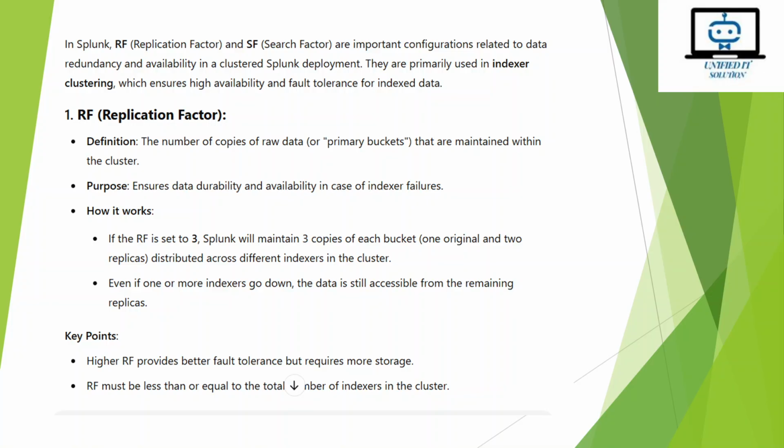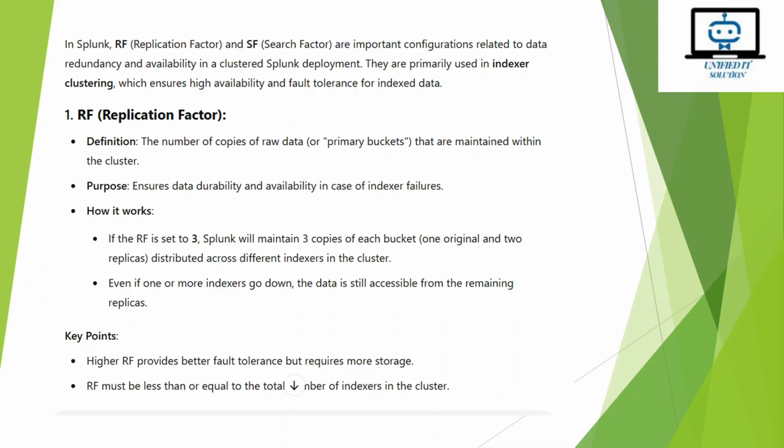So even if one indexer goes down, the data is still accessible from the remaining replicas. Key point: a higher RF provides better fault tolerance but requires more storage. RF must be less than or equal to the total number of indexers in the cluster.